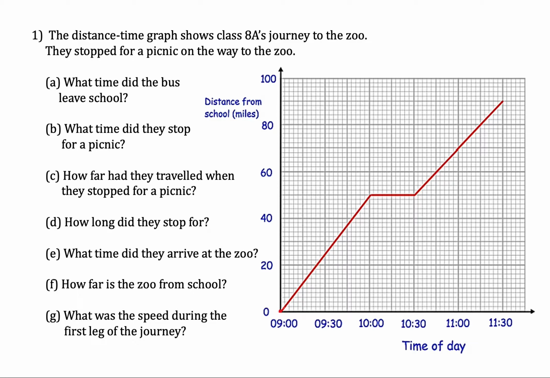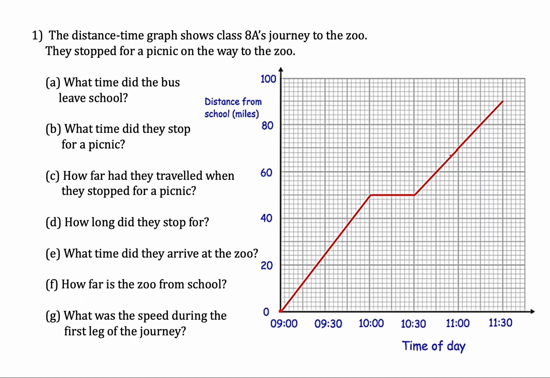So it's moving at a constant speed. When you get a horizontal part of the graph, that means that no distance is being covered. The distance from school or home or whatever is not changing, but time is still passing. So the object is staying still, or is stationary.